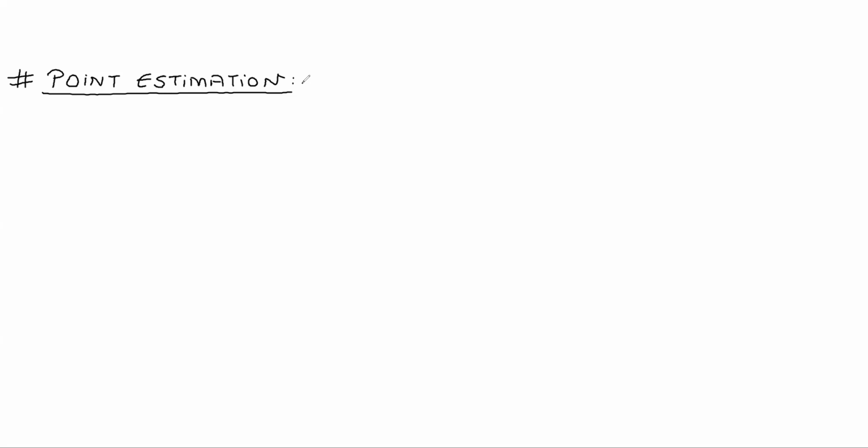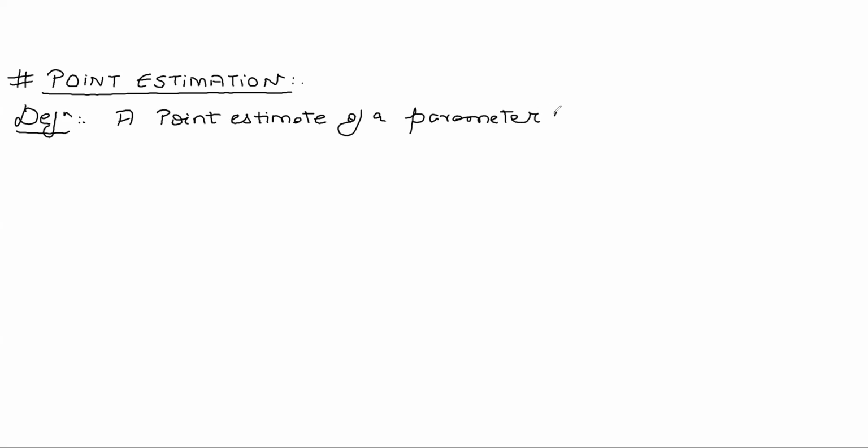Okay, so let's look at the definition of point estimate. Definition: a point estimate of a parameter theta. Theta is the population parameter.